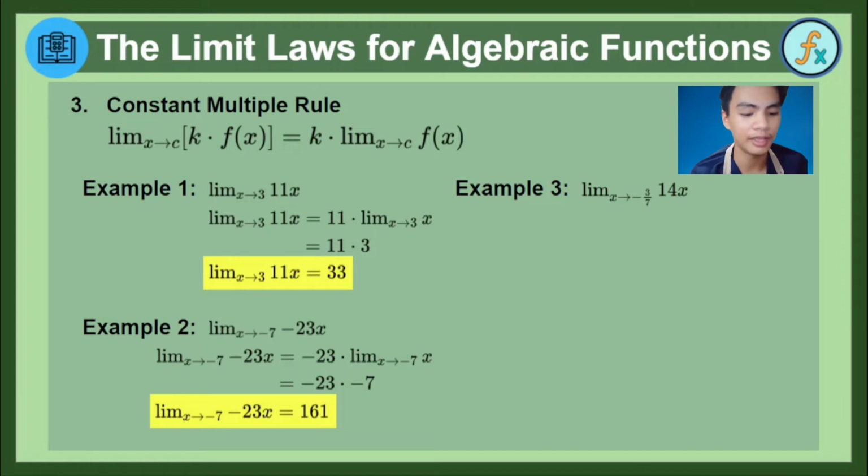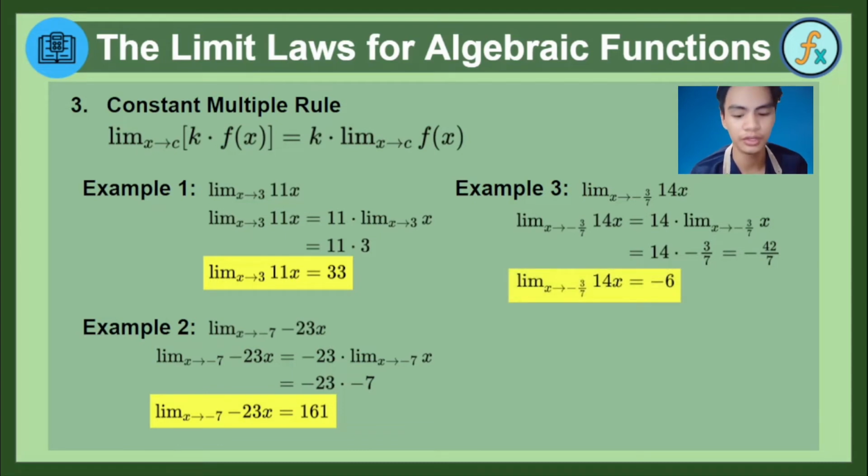Again, apply the concept, so it's going to be 14 times the limit of x. The limit of x as x approaches negative 3 over 7 is negative 3 over 7. So, 14 times negative 3 over 7 is negative 42 over 7. Then, negative 42 divided by 7 is equal to negative 6.